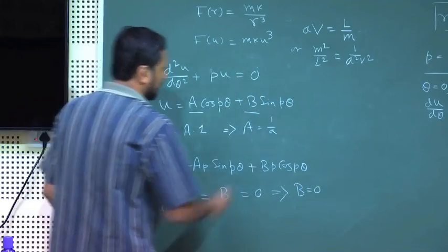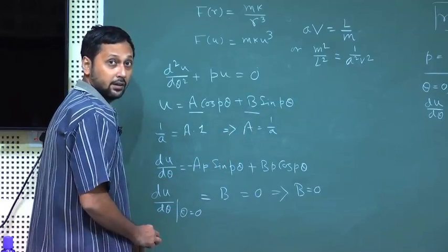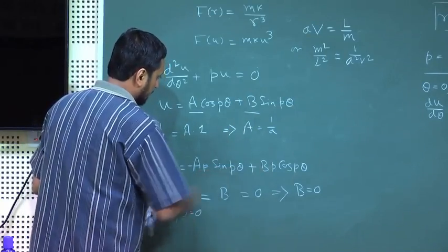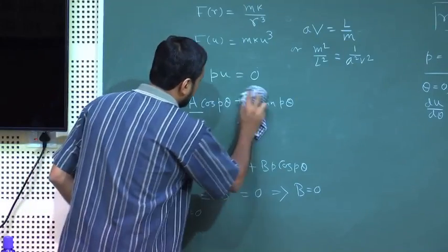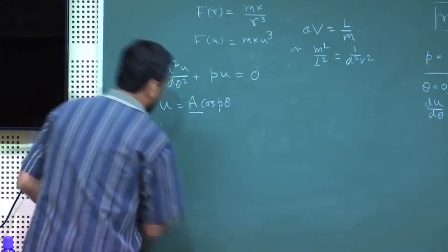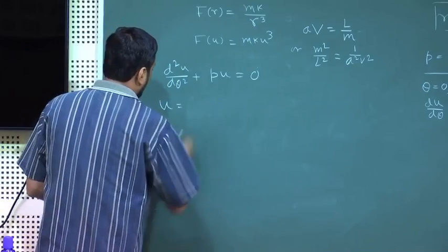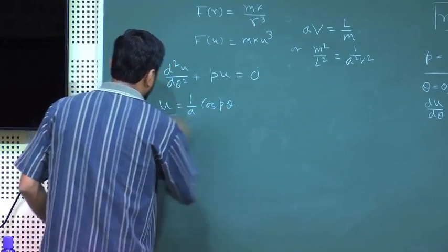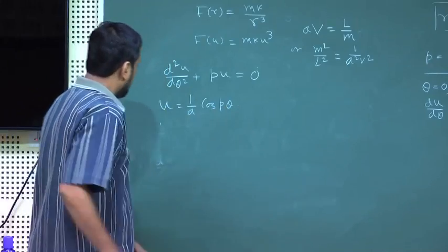So, the final solution to this equation becomes, including all these conditions, 1 by a cos p theta.